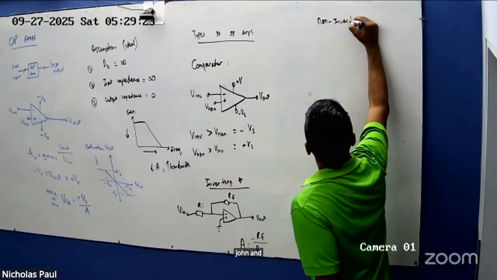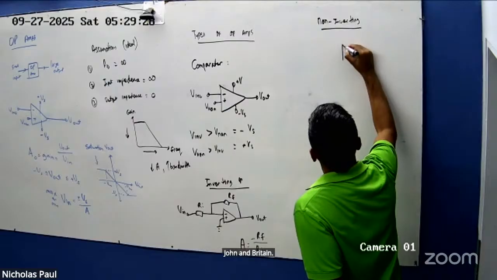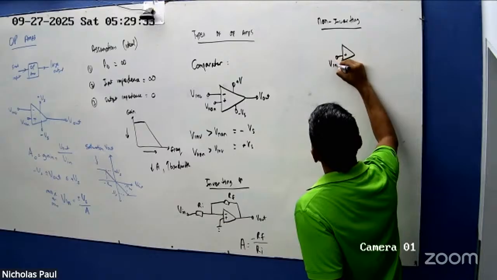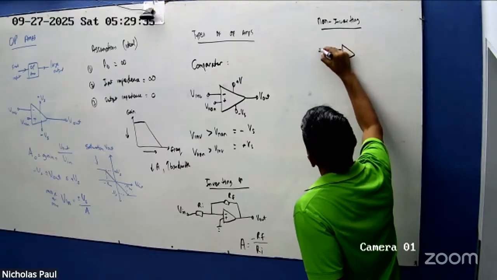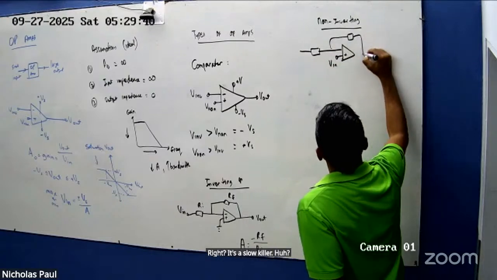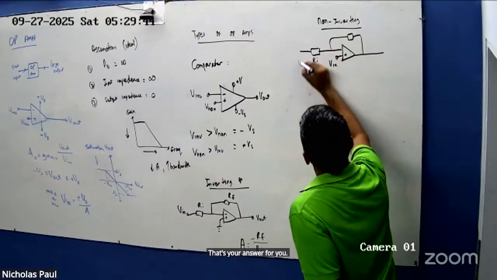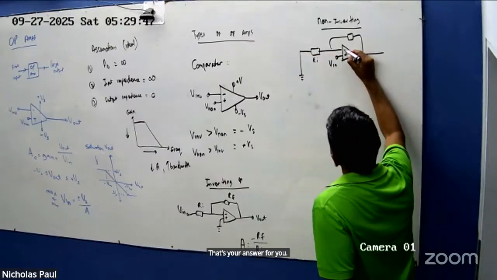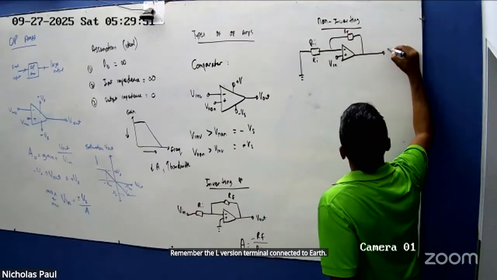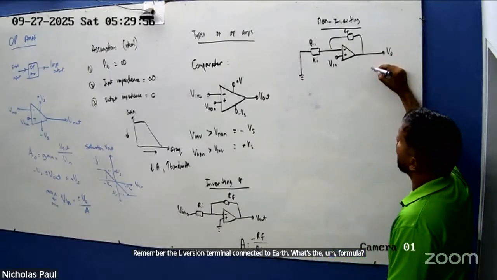Non-inverting, we have the input here. Remember the inverting terminal is connected to Earth. What's the formula for gain here?